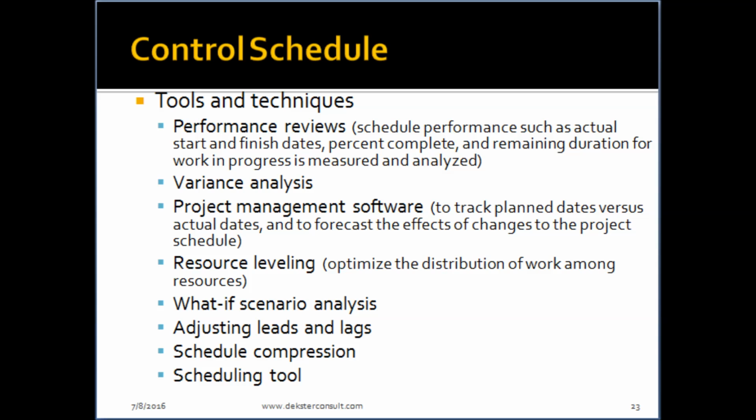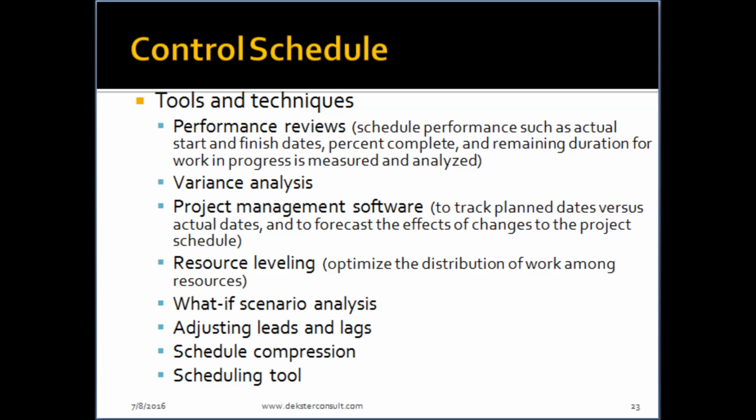Tools and techniques that we could make use of. We can do performance reviews, schedule performance such as actual start and finish dates, percent complete, remaining duration for work in progress, measured and analyzed, all form part of the performance reviews. Could do variance analysis, finding the difference between the actual and planned. Project management software could be used.